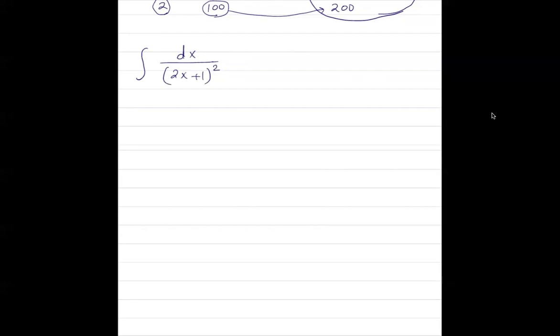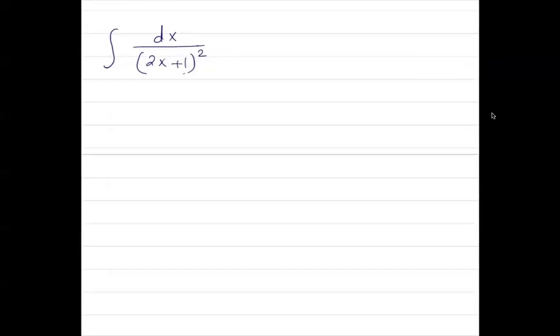Your quantity now is on the denominator. It has some exponent and it is on the denominator. It's a common mistake for students that they start expanding the denominator. Don't do that. We're going to use the method of substitution.